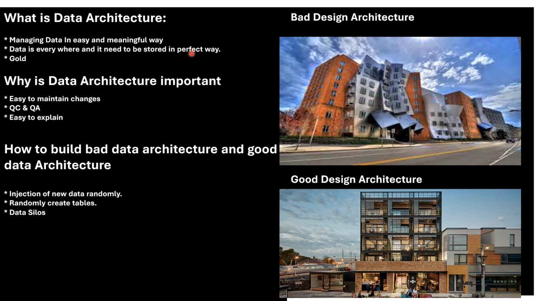We already have that table in our whole architecture, but we don't know. So when we create a bad architecture, it is very difficult to do QA and QC of the data. QA means quality assurance and QC means quality control of the data, which is the basic backbone of any data architecture.